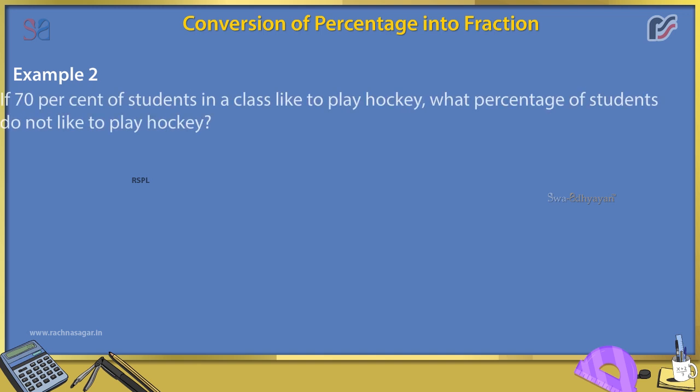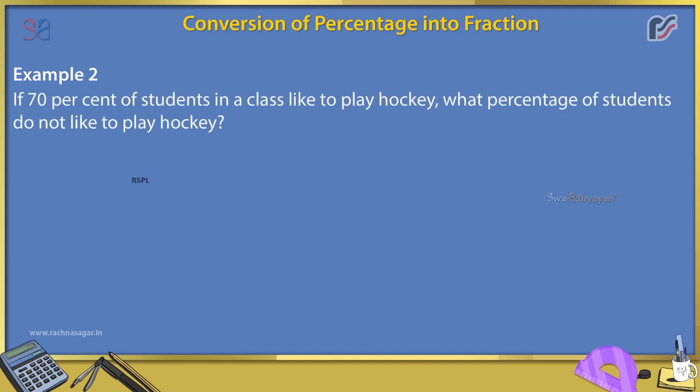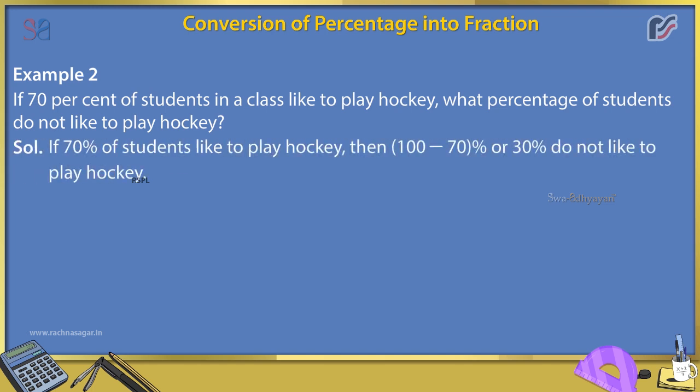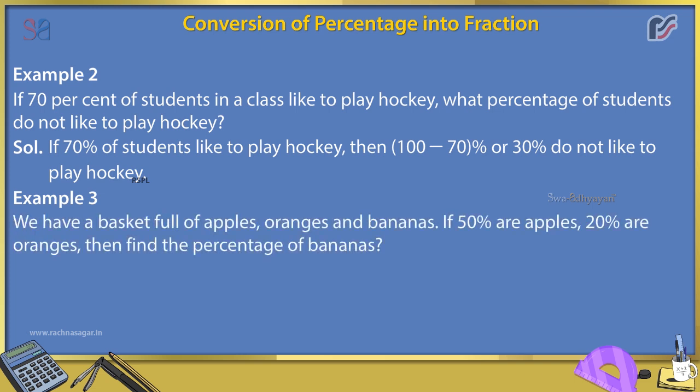Example 2. If 70% of students in a class like to play hockey, what percentage of students do not like to play hockey? Solution. If 70% of students like to play hockey, then in the brackets 100 minus 70%, or 30%, do not like to play hockey. Example 3. We have a basket full of apples, oranges and bananas.